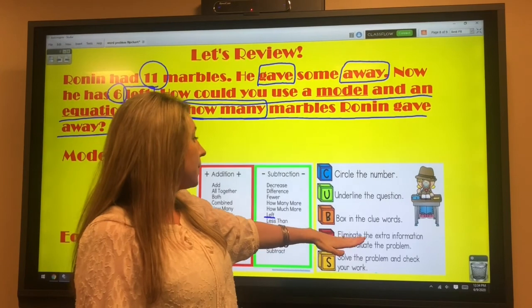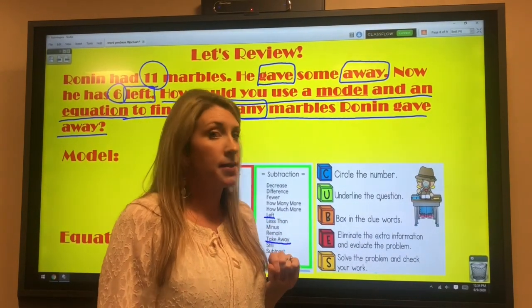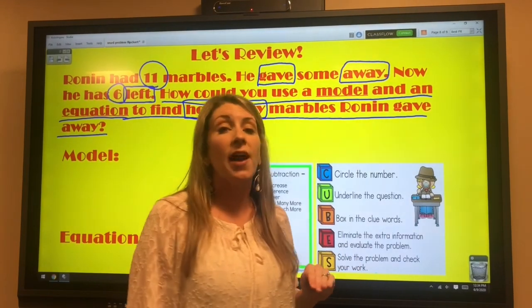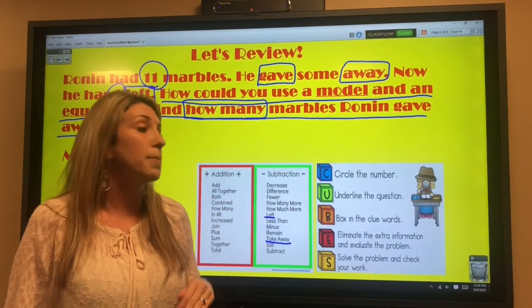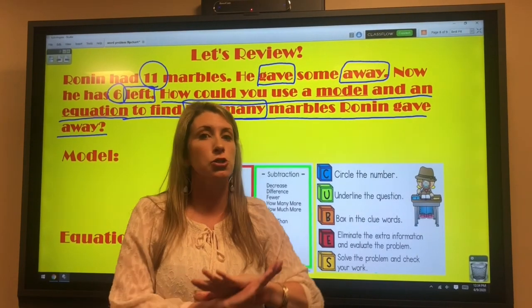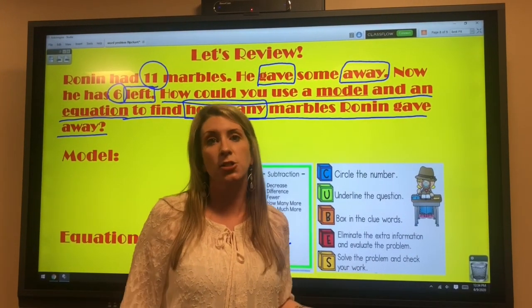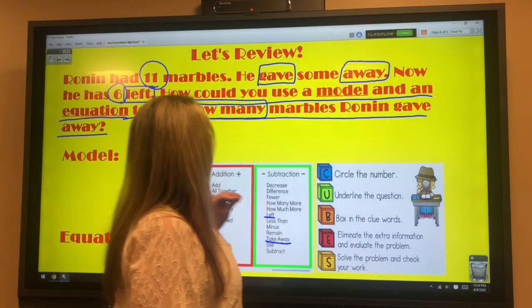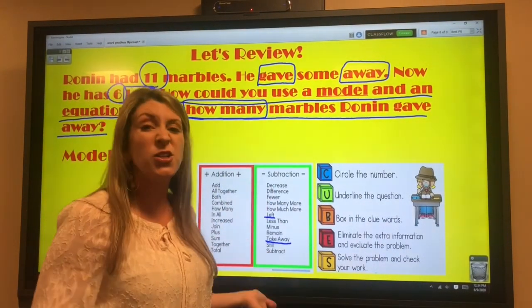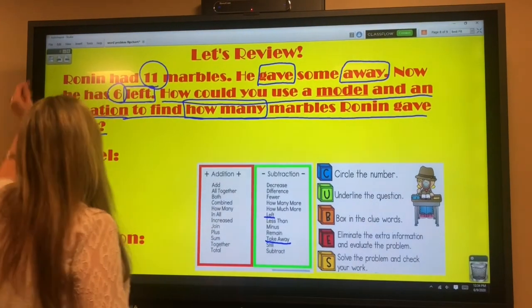The next step in our CUBES method is to eliminate the extra information and evaluate the problem. Remember, that big fancy word eliminate means to just cross it out, slash the trash. So we're going to go through and cross out all of the words that we do not need to solve the problem.